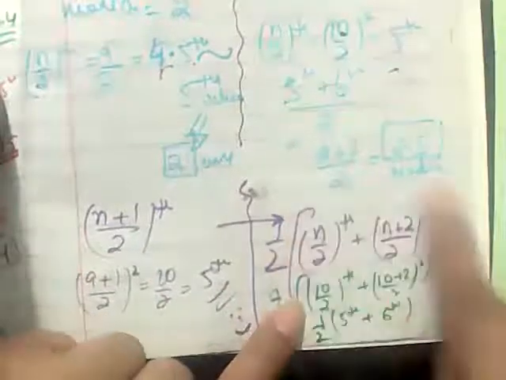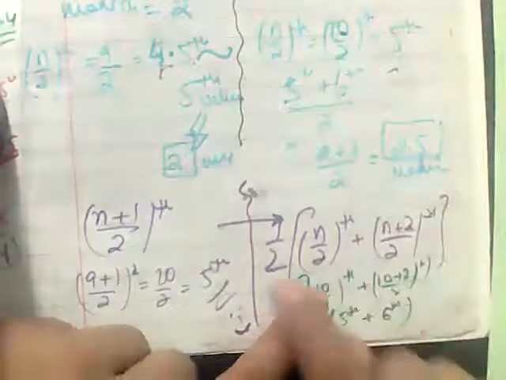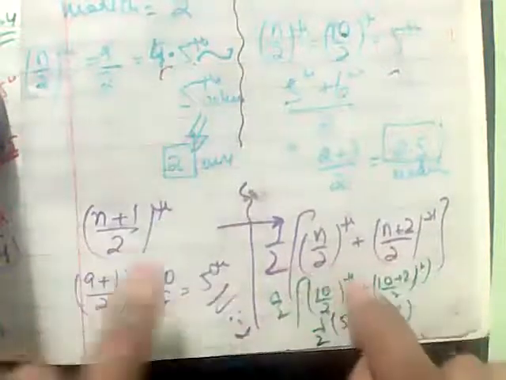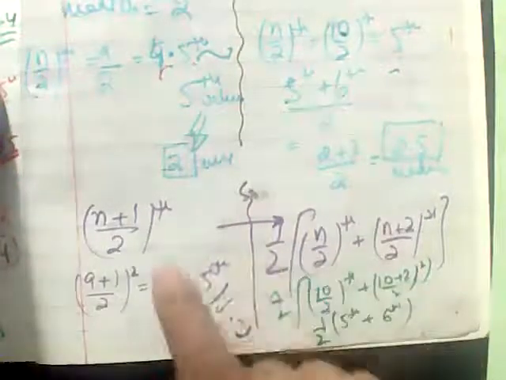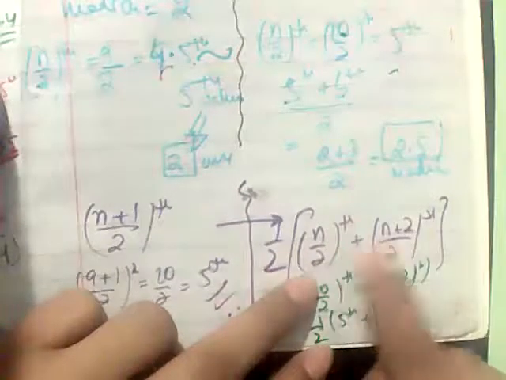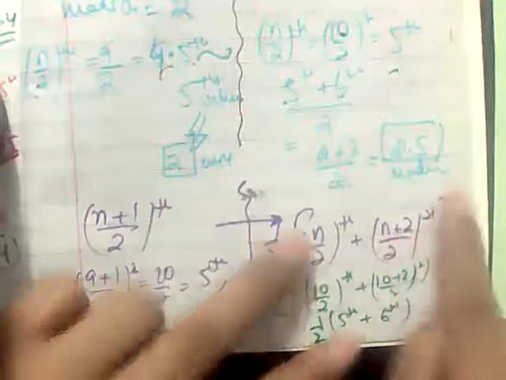In the books you will find this formula for the odd number of values, and at the same time you will find this formula for the even number of values. Here people get confused. It's not difficult. If you can remember these, you can use them; otherwise, use the other way. As long as you're giving me the right answer, that's correct. So what is this formula? For odd, we have this formula. For even, we have n upon 2 th plus n plus 2 upon 2 th, and whole 1 upon 2, the average.